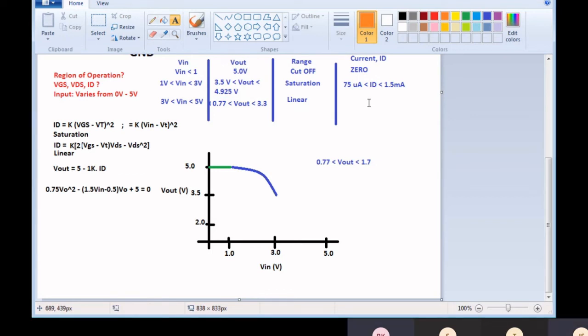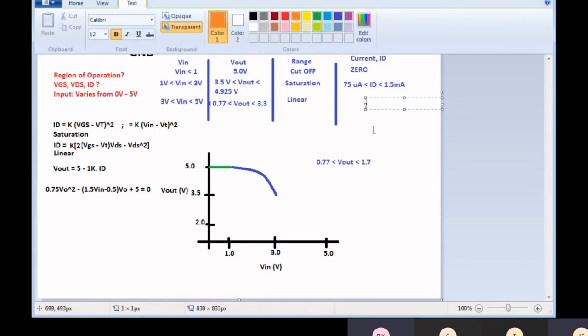That is what we have calculated. I have calculated 0.78 volt. Okay. And the current value is coming out to be 4.2 something. 4.2 milliamp only, right? Okay, 4.2 milliamp ID. So what is the higher range?